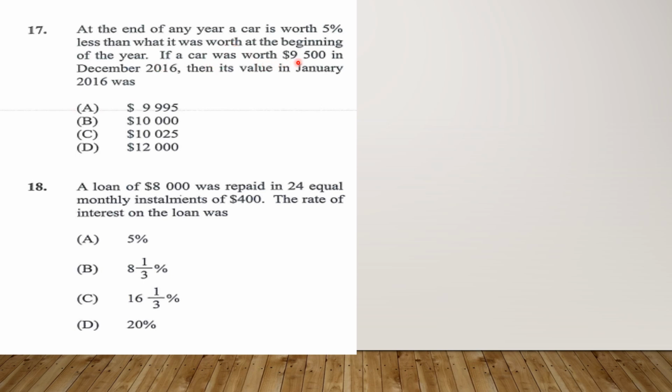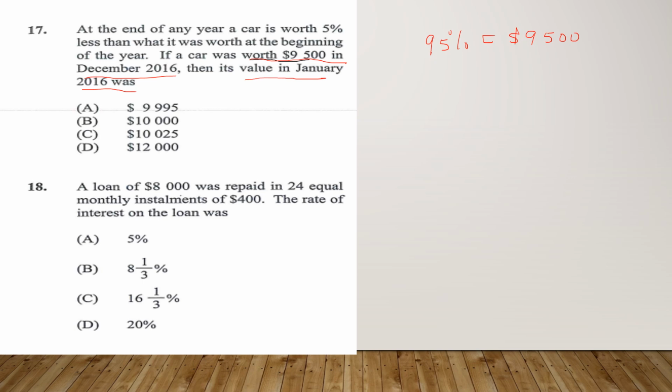If a car was worth $9,500 in December 2016, then its value in January 2016 was, okay, so what we're saying here is that 95% is equals to $9,500.